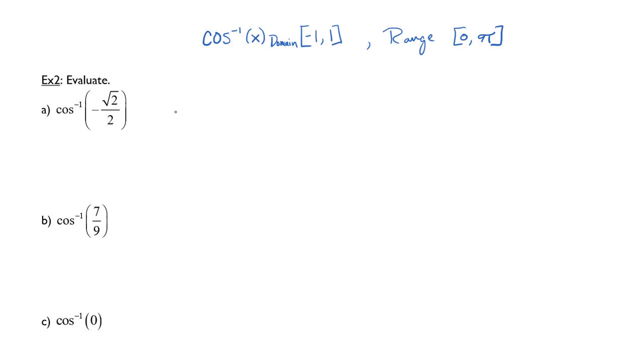And it might be helpful to draw a picture, so we'll go ahead and do that. We're putting an input of something inside. It's a length. And we could get that length by doing cosine of some angle.